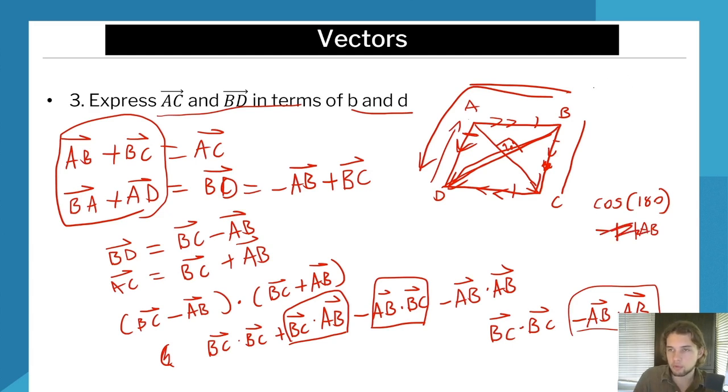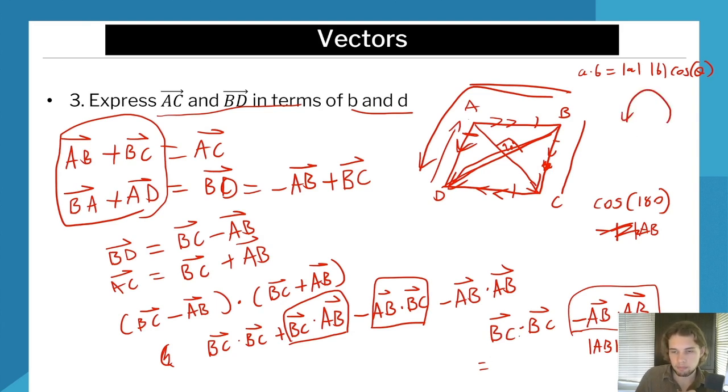We should probably write out the dot product: A dot B equals the magnitude of A times the magnitude of B times cos of the angle. So with this, we end up with the magnitude of AB squared times minus 1, because cos 180 is minus 1. They go in opposite directions, so the angle between them must be 180.